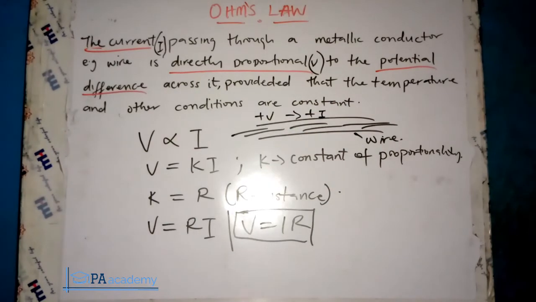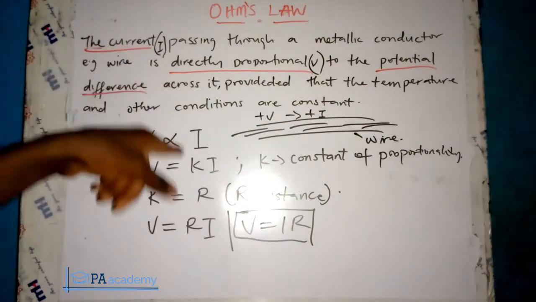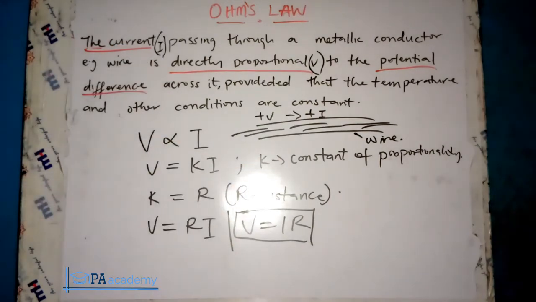That is what Ohm's law is saying. We are going to be seeing more of this when we start to do examples. So if you have a circuit and you increase the potential difference, there will be an increase in the current passing through that circuit or through that wire.